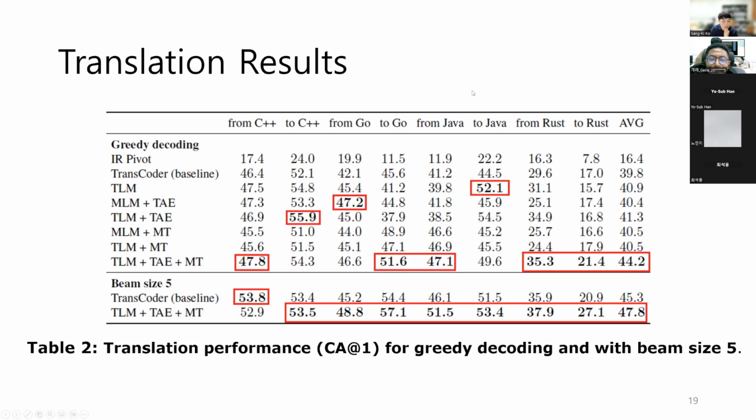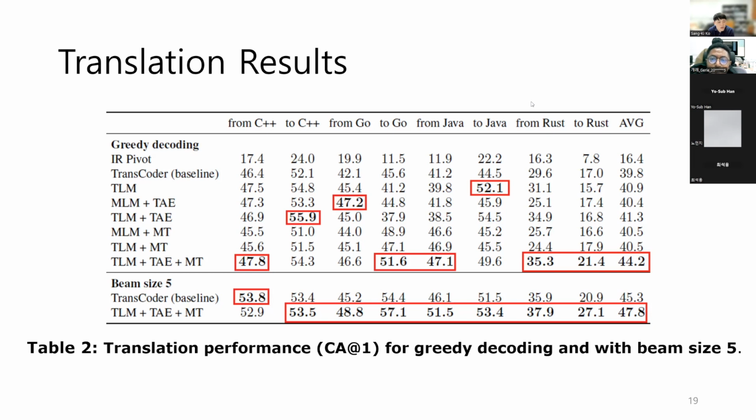But in this setting, there is a so-called problem, the IR dialect. IR dialect means the IR representation which comes from every programming language has some dominance from the source program. Say a program's IR representation which came from C++ has some slight difference from the other representation.